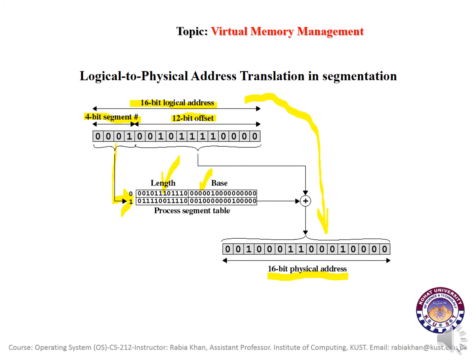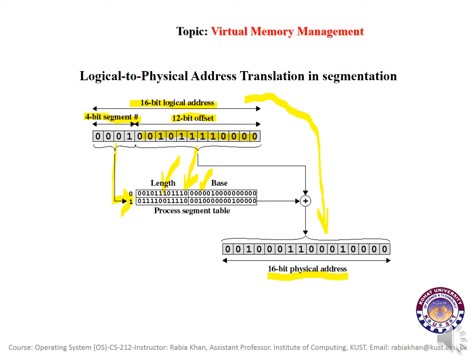So the offset here, this is the offset part, this one. This offset is then compared with the size of the segment. If this offset is within the range of this length, it is considered a legal or valid instruction.